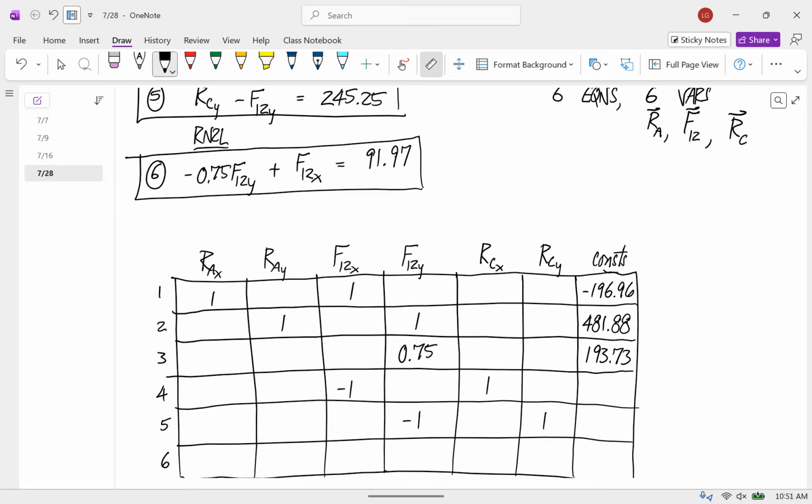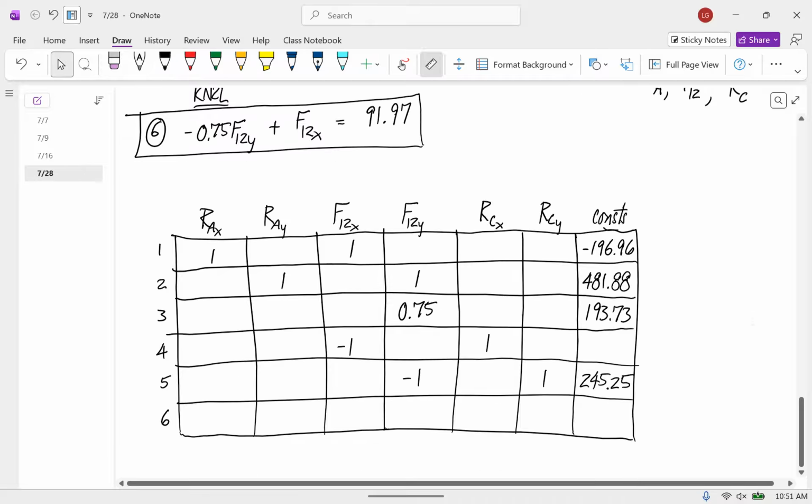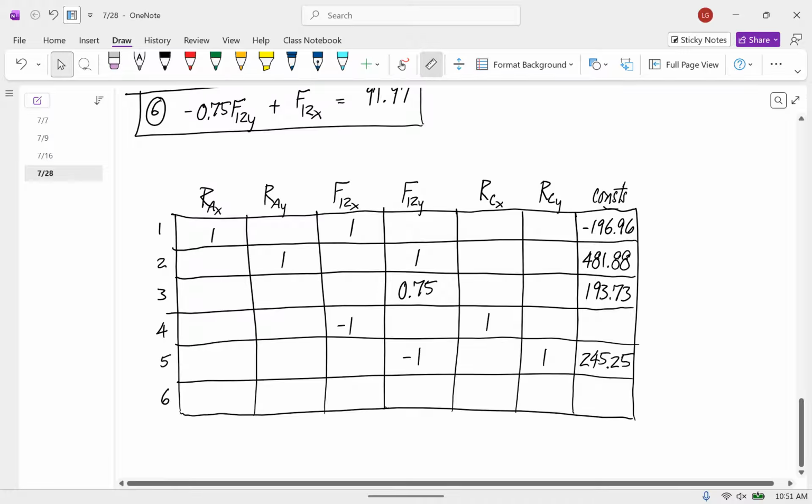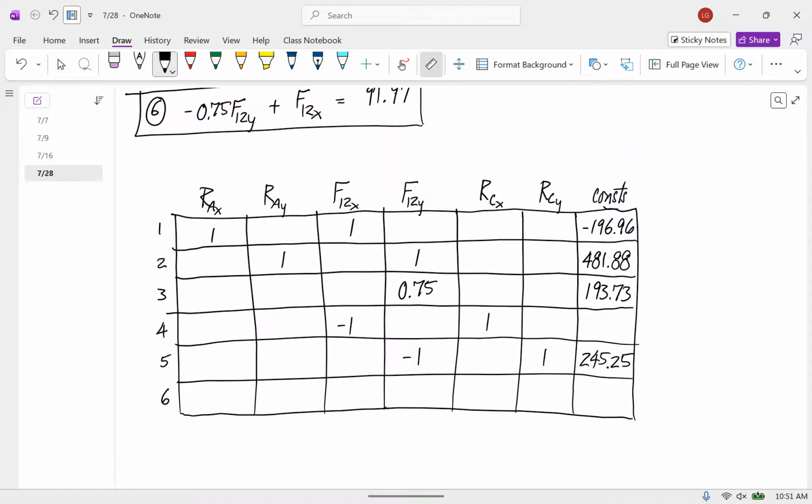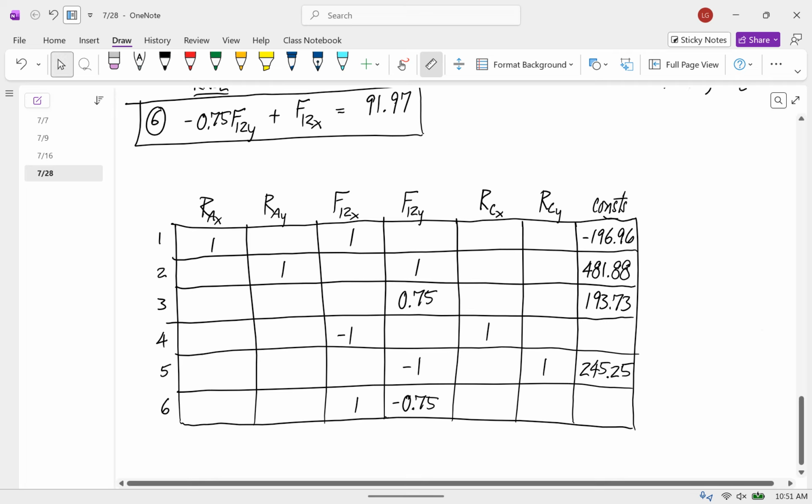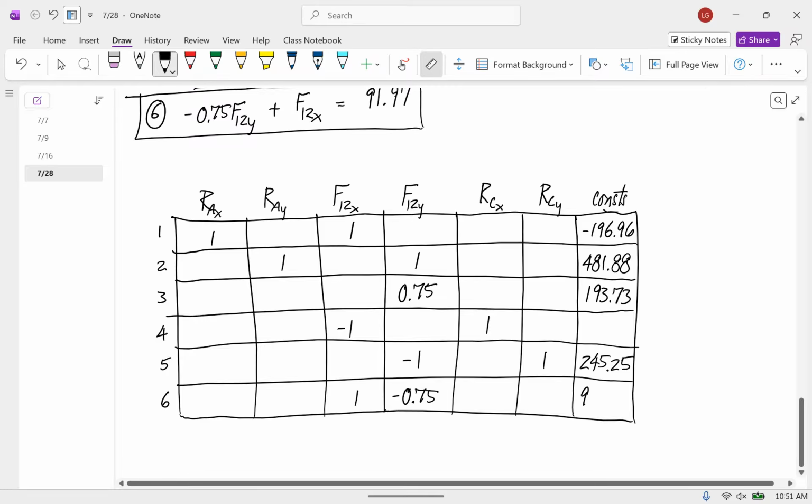And for a constant, we have 245.25. And then equation 6, F12y's, we have -0.75. F12x, we have 1. Constant 91.97.